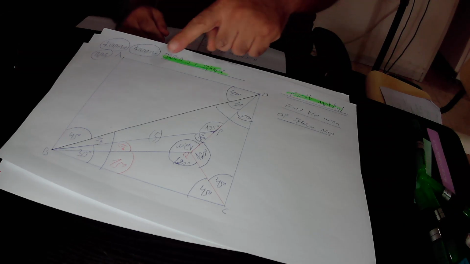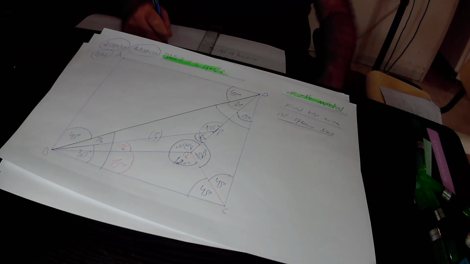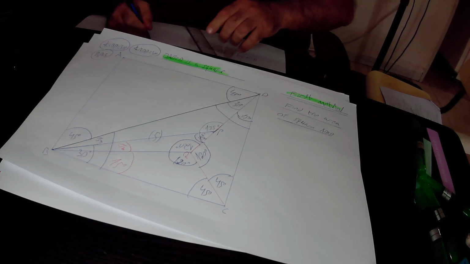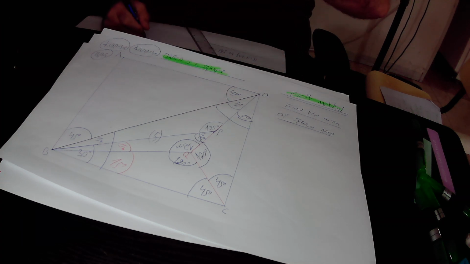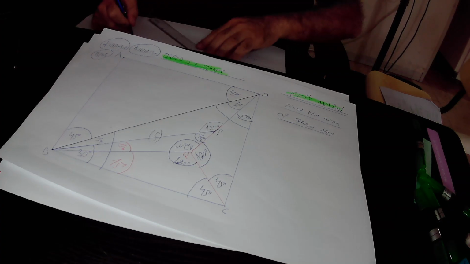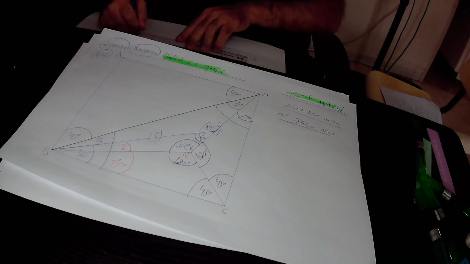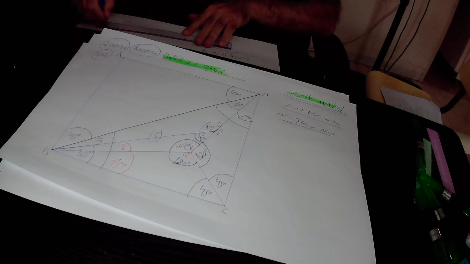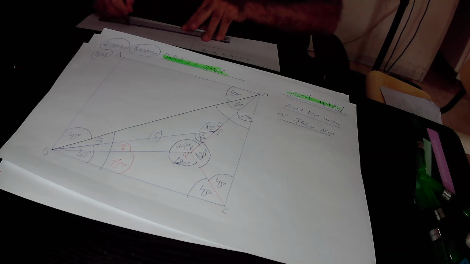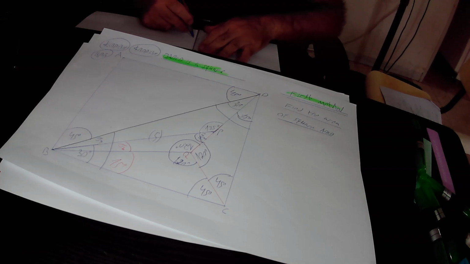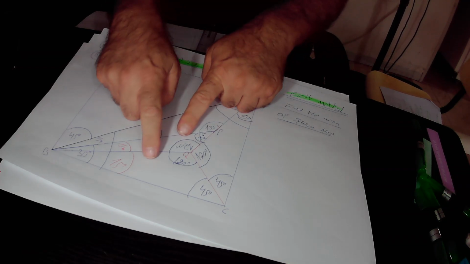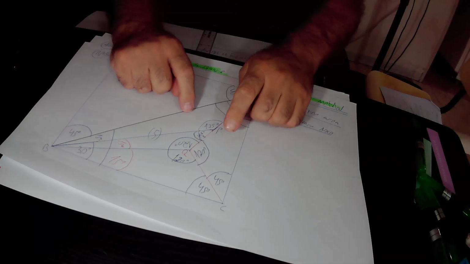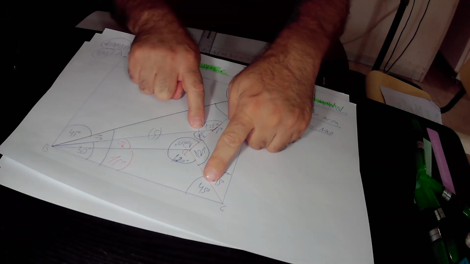So to prove that triangle BQC is congruent to this triangle PQB according to the angle side angle rule, why are those two triangles congruent? First of all, those two angles are both equal to 45 degrees and therefore they are equal to each other.